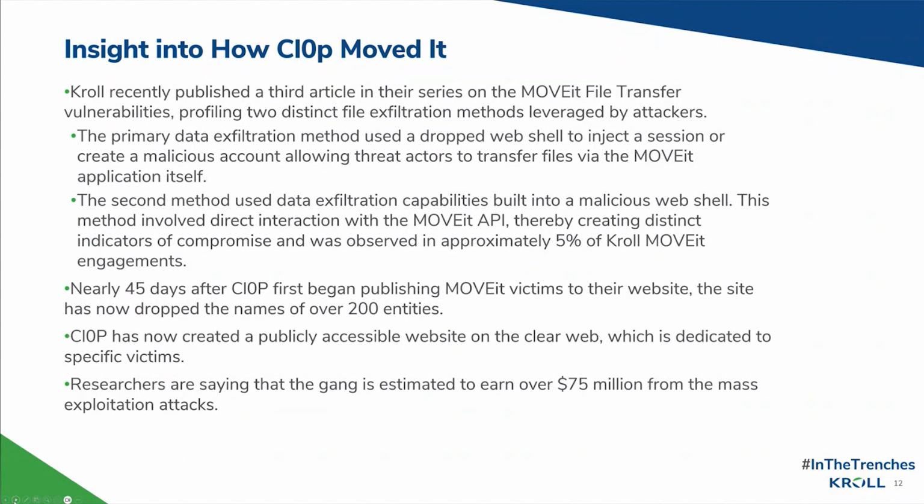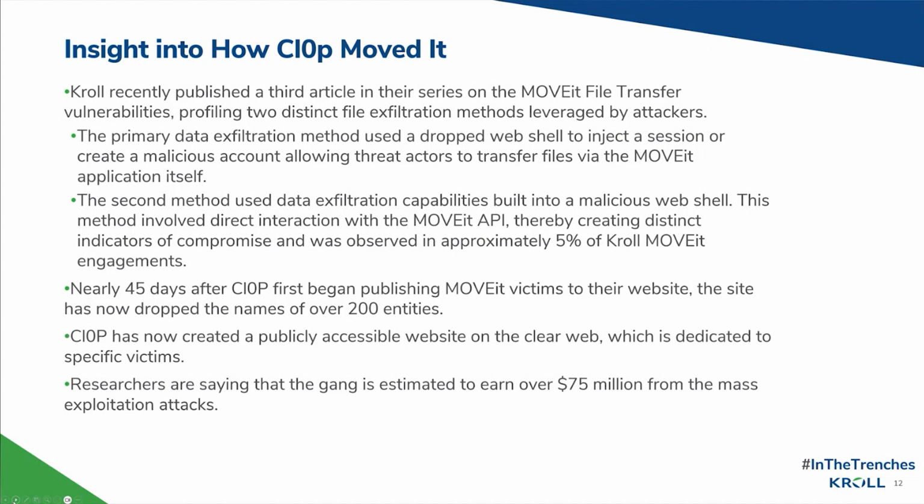transfer vulnerabilities. Within those, there's actually two distinct file exfiltration methods that were used by the threat group. The first exfiltration method was used to drop the web shell, which created a malicious account that allowed the threat actors to transfer those files from the MOVEit application.